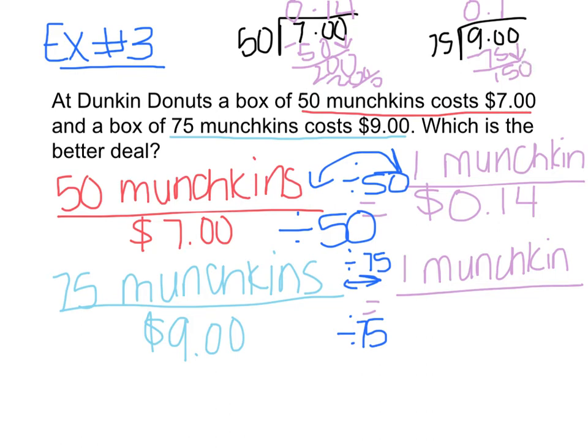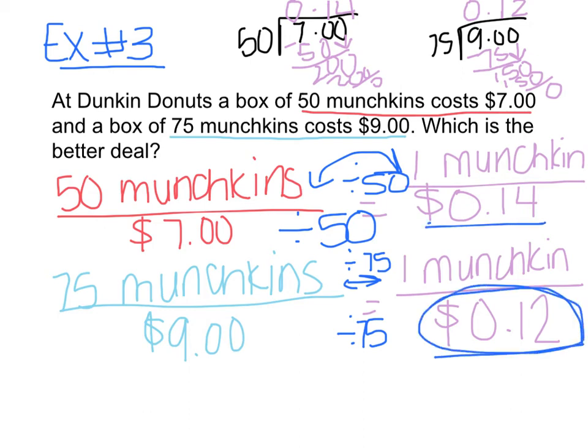Bring down the 0. And 75 goes into 150 2 times evenly. So, in the second option, it costs 12 cents for 1 Munchkin. So when we compare 14 cents to 12 cents, 12 cents is the better option. So our second option is better. 75 Munchkins for $9.